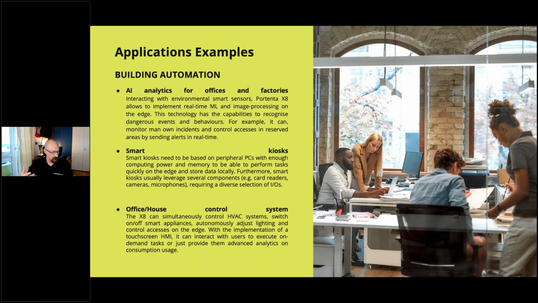You can use it for a smart kiosk, based on a peripheral PC with a lot of computing power, connecting security cameras, microphones, or any kind of diverse selection of IOs. You know that with standard Arduino, you can connect keypads, sensors, or whatever sensor you want. So you can have the best of both worlds.